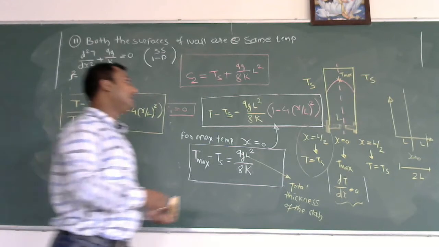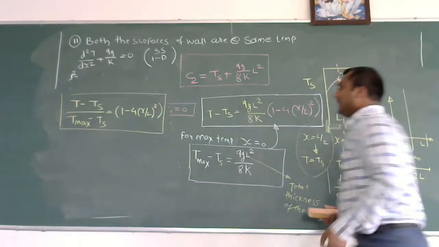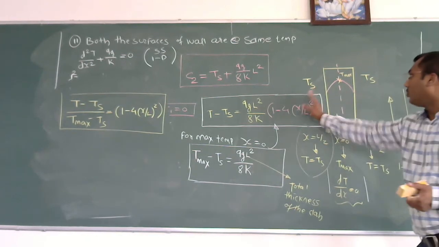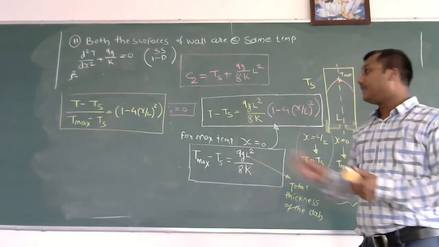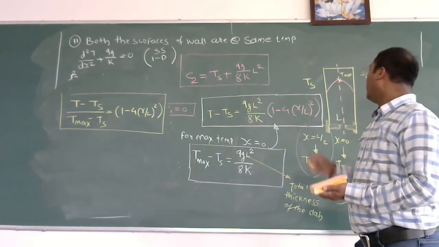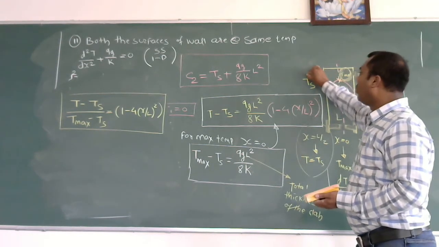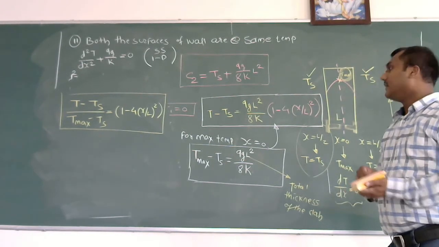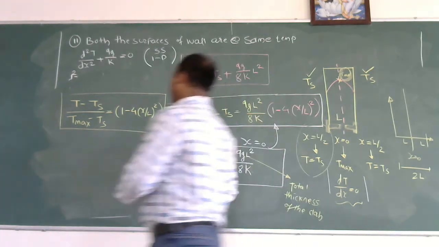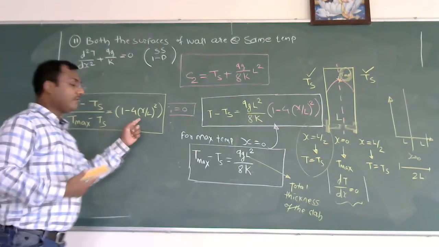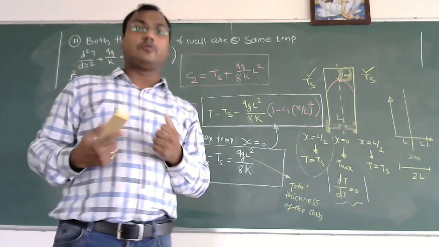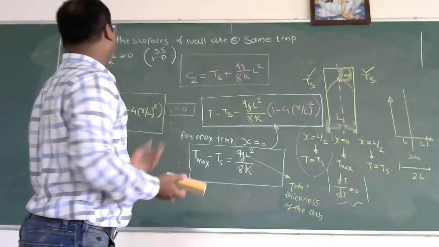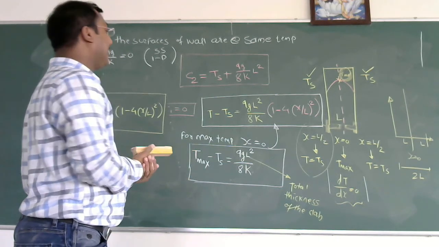Suppose this is the problem given, that there is a plane slab where both the surfaces are having the same temperature, and you need to find the maximum temperature. If you know the surface temperature, then you can find the maximum temperature, by knowing the values of x and L. So this is your simple analysis for both the surfaces of the wall at the same temperature.